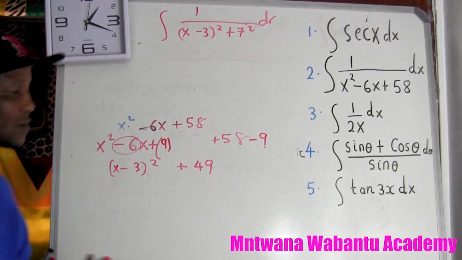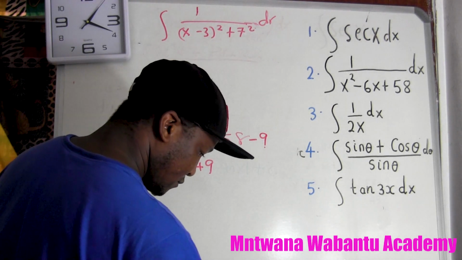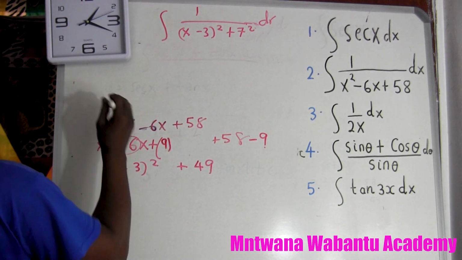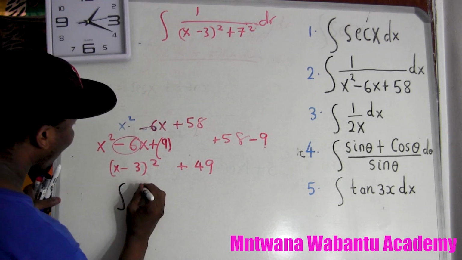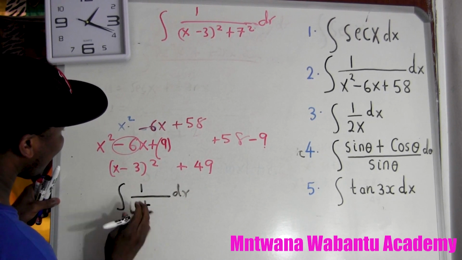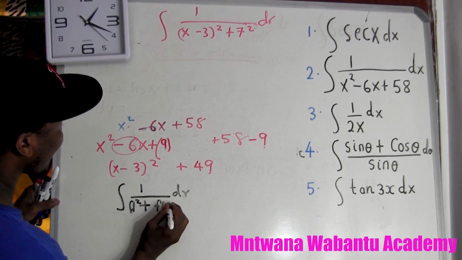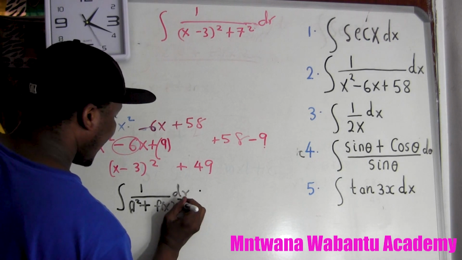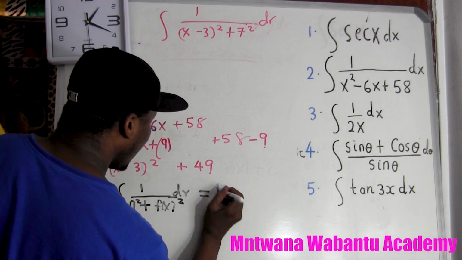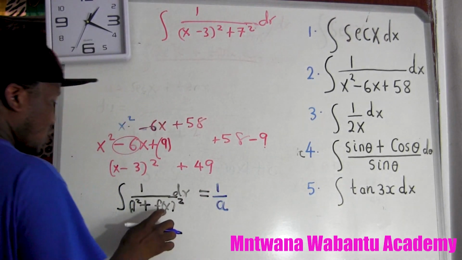So this is arctan. You know why? Because we know, if somebody gives you the integral of 1 over a squared plus f of x squared dx, it's the same as 1 over a, with no square, and also you derivate your function.